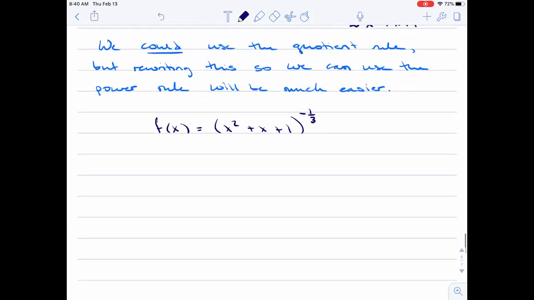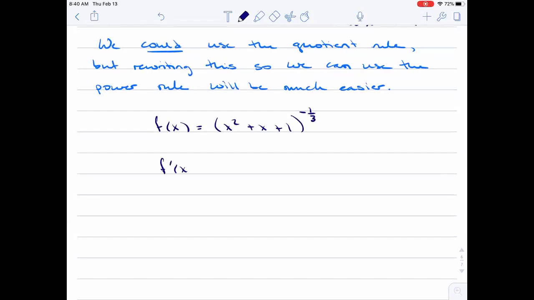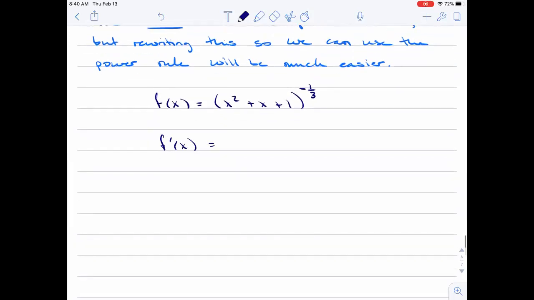So what I've got here is, okay, if I'm finding f prime of x, dealing with the outside function, the derivative of that is going to be negative 1 over 3 times, and then the inside just stays the same. X squared plus x plus 1 to the power of negative 1 over 3 minus 1.